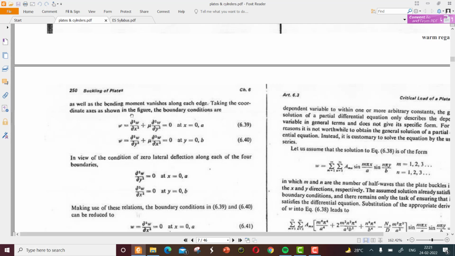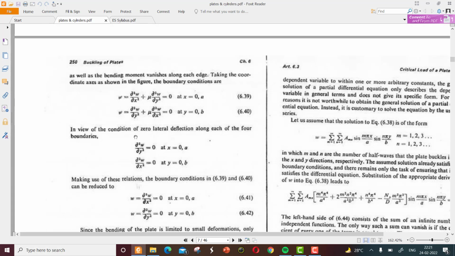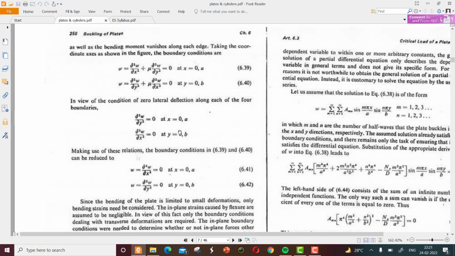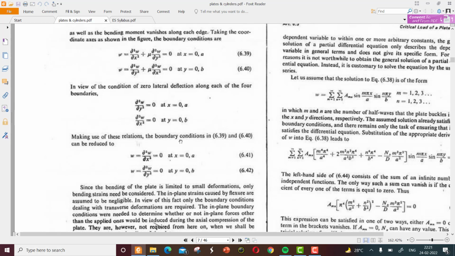The boundary conditions are, we have the ∂²w/∂x² plus mu into ∂²w/∂y² equals 0 at x equals 0, a and y equals 0, b. And again on the lateral deflection zero condition, we have the equation ∂²w/∂y² equal to 0 at x equal to 0 as well as y equal to 0.